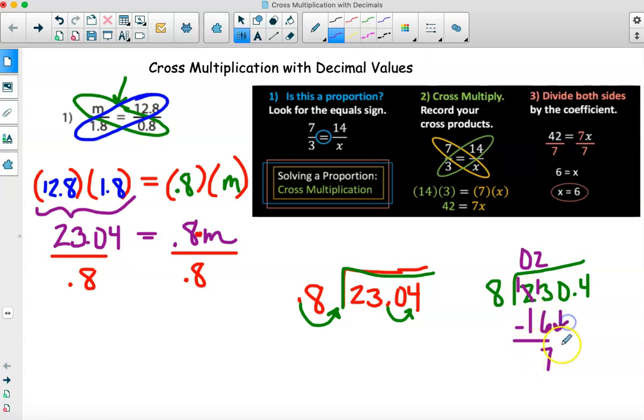I can't ask the question till I bring down a number. 8 goes into 70. Well, let's think about it. 8 times 8 is 64, and 8 times 9 is 72. So 8 times 8 is what will work here, because 8 times 9 was too much. 70 minus 64 is 6, and then I bring down the 4. 8 goes into 64 8 times.